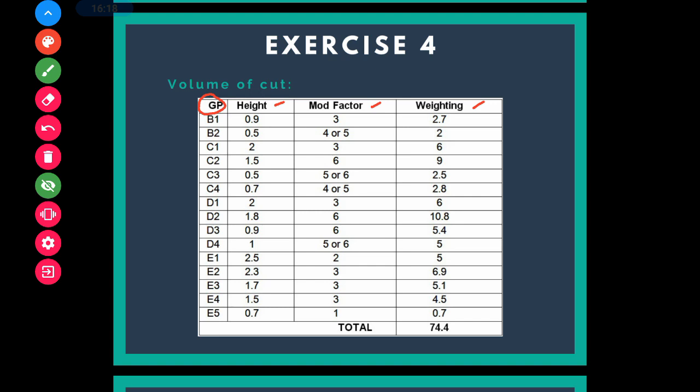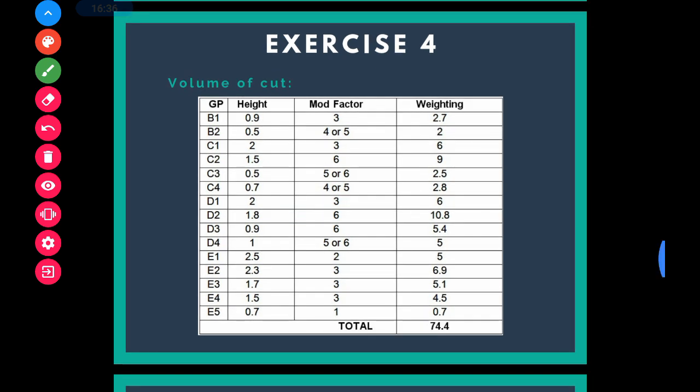As in the figure just now, we have two sections, which are cut and fill. So we are going to solve separately. For the first one, we are going to look at the volume of cut. Let's say we look at GP for the first one, which is B1.